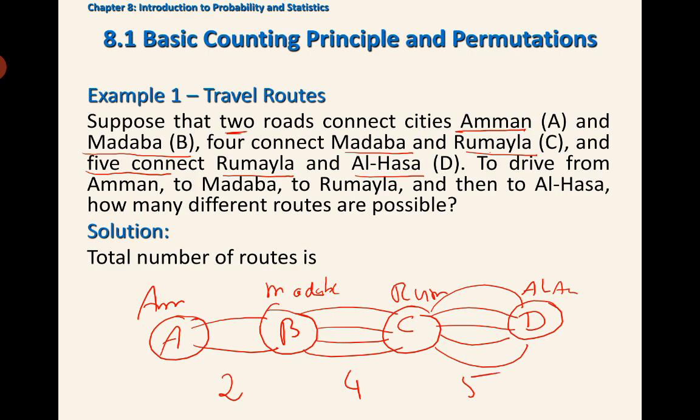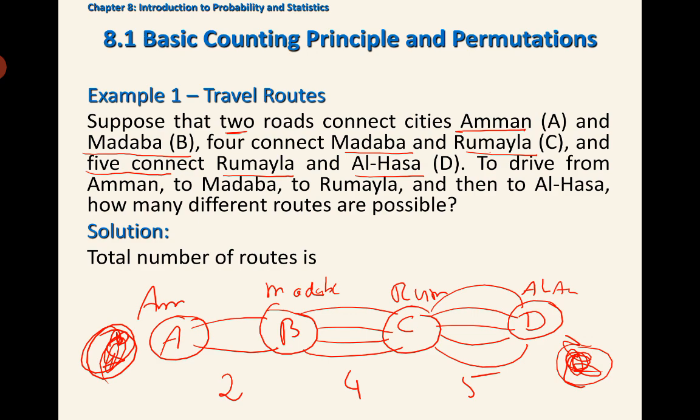So what is the question now? If you want to start at Amman and end at Al Hassa, D, the last station and ending point, how many routes are possible in total?